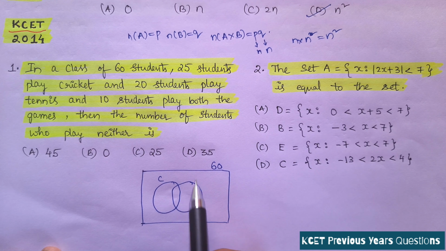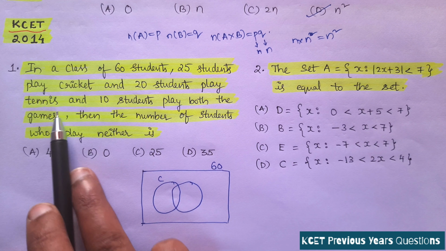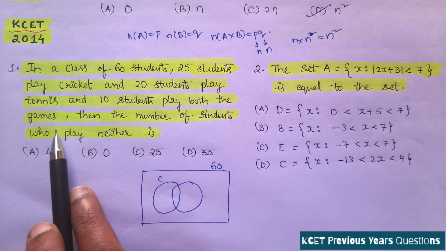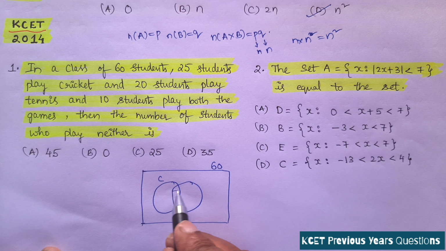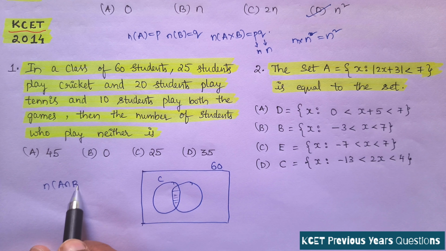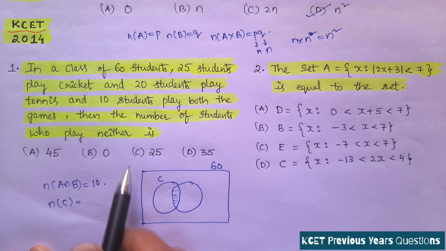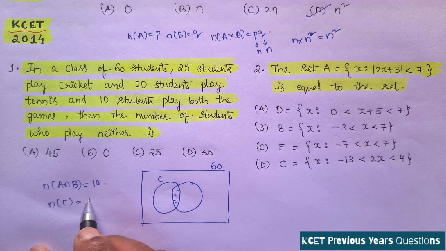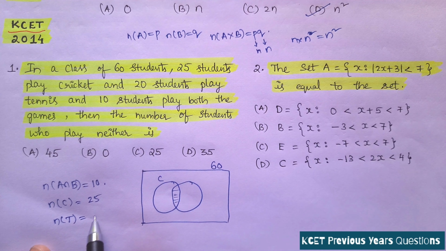The second one, they given 20 students play tennis and 10 students play both the games. Both the games means the intersection part. Okay, the intersection part will be represented with n of C intersection T, that is 10 given. n of C is the number of students who play cricket, that is 25. n of T I will write, 20 students play tennis, n of T is 20.